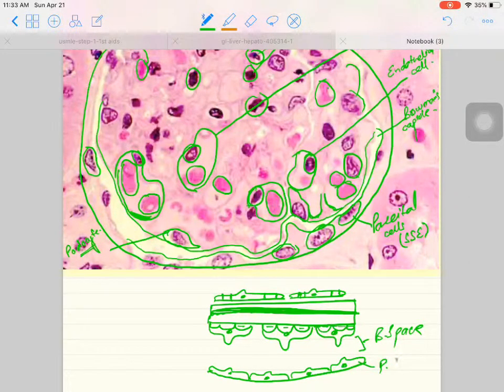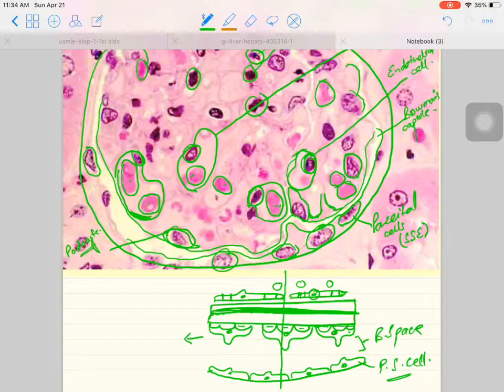Here the parietal squamous cells, here we can see the parietal cells. Here we have the podocytes and their RBCs. This is the RBCs, and the endothelial cell, we can see the nucleus here, and here the lumen. It is a cross-section image like this.